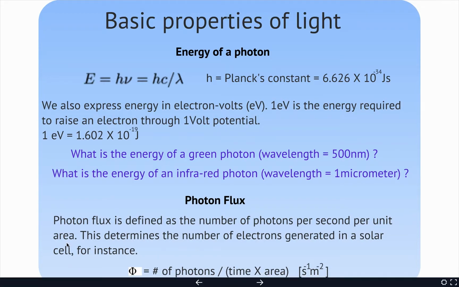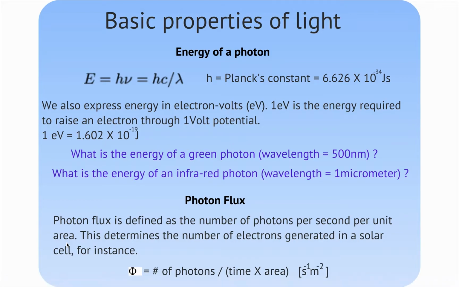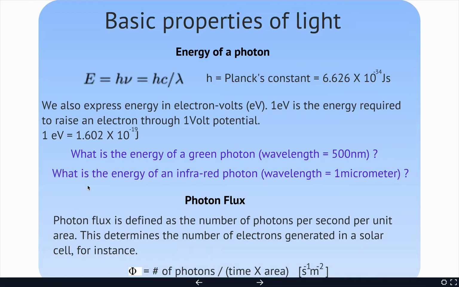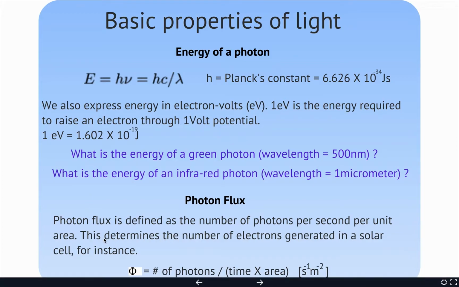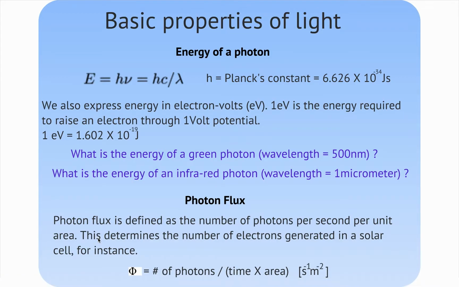If you think about this like a river, it is the rate of flow of the river per unit area. Okay? And again, this becomes very, very critical. Hopefully you will see a couple of examples in the next slide. So this determines, for instance, if you have a solar cell, let's imagine it's a perfect solar cell, that every photon that comes into the solar cell creates an electron, which contributes to current.